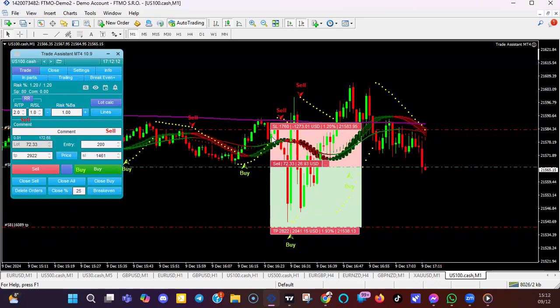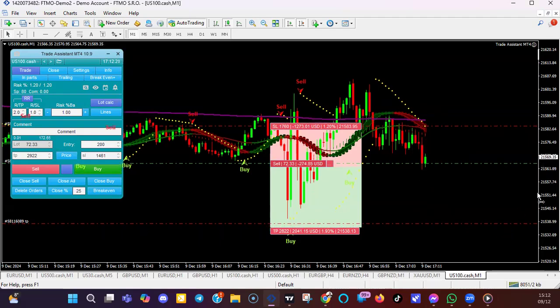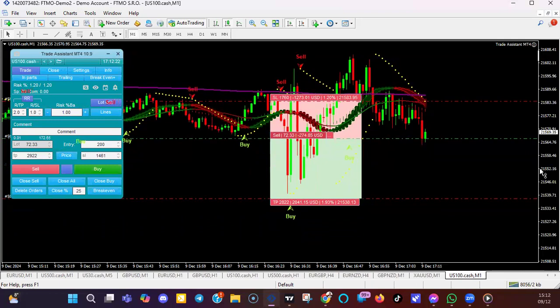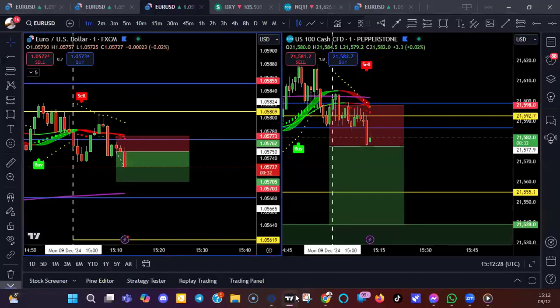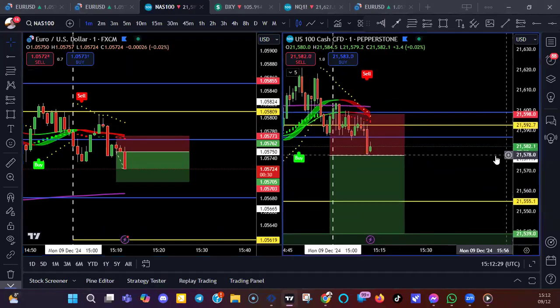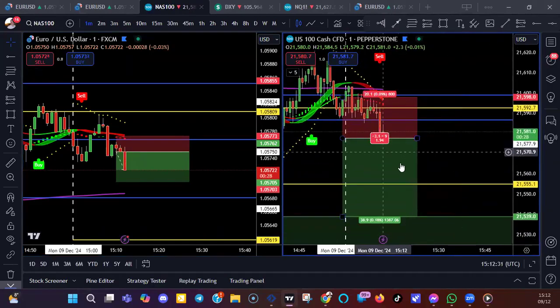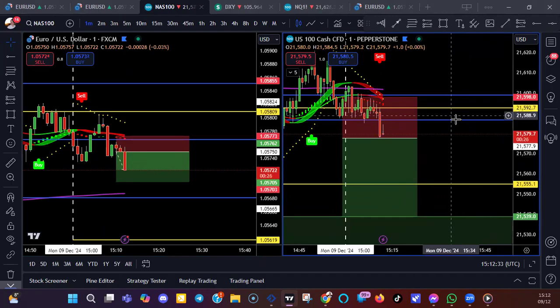I've got red wave, red trend line. I'll keep it on that because I can.